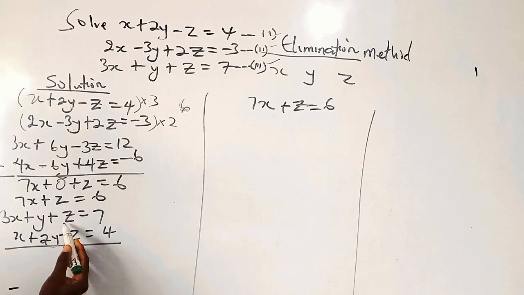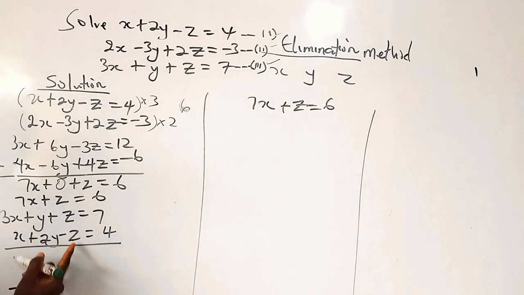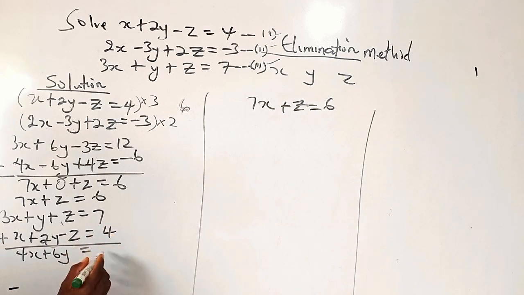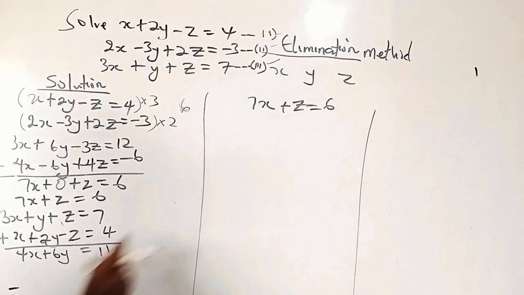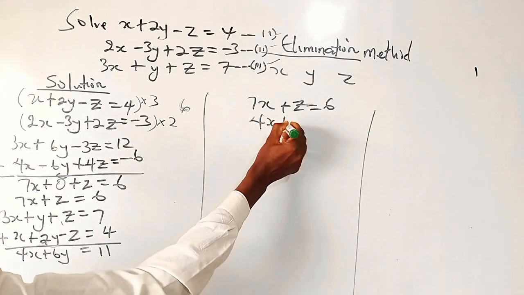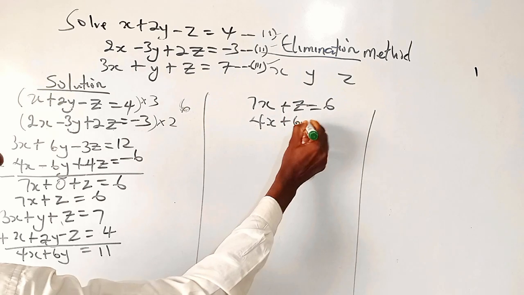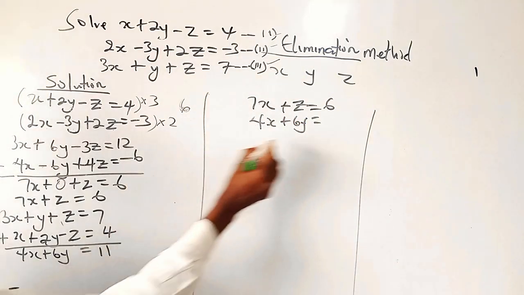I have z and minus z, so I can take this out. When I add this to this, I have 4x plus 6y, and z is out, equals 7 plus 4, which is 11. So I have 4x plus 6y equals 11.